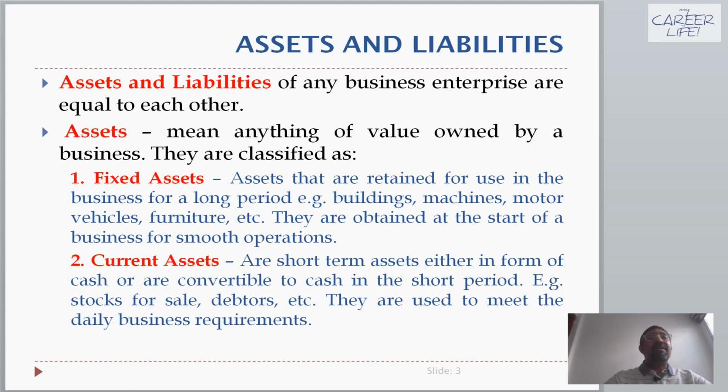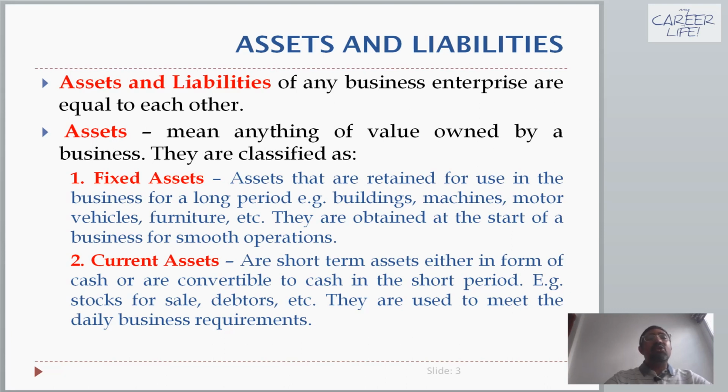Then we have current assets. Now, current assets are short-term assets, or what we can talk of trading assets. These assets either are in form of cash or any cash equivalents. That means we can be able to convert them into cash within a short period of time. Like when we buy goods for resale, these are current assets.